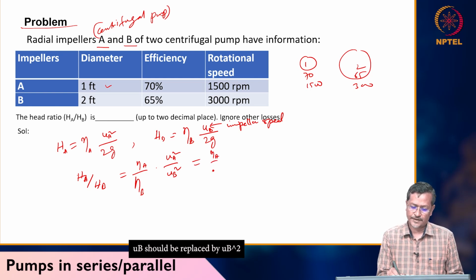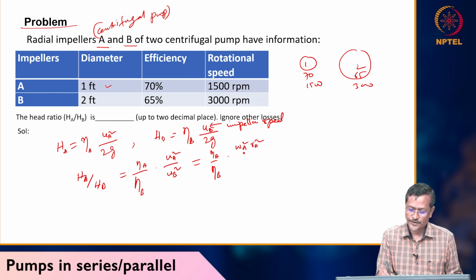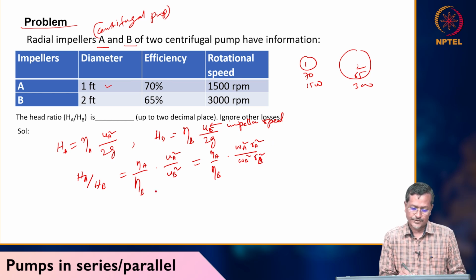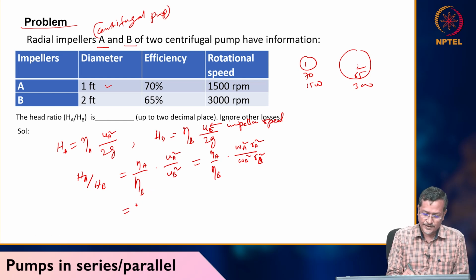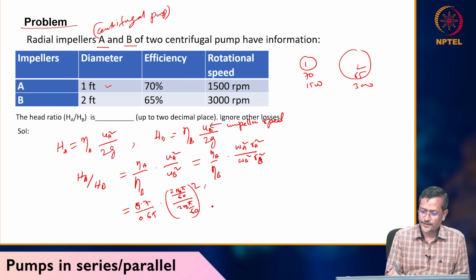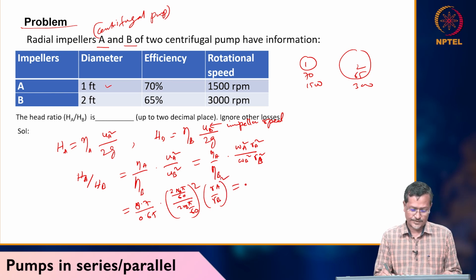So eta A by eta B times omega A squared RA squared by omega B squared RB squared. Now this value will be like this: eta A is 0.7, eta B is 0.65, omega is 2 pi N by 60, so it becomes NA by NB squared times RA by RB squared.